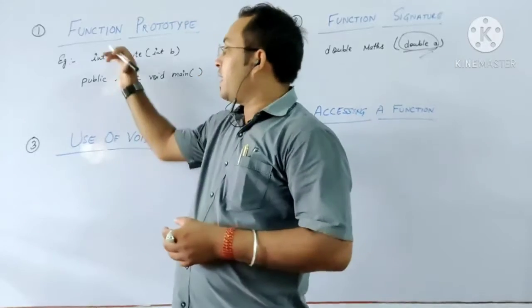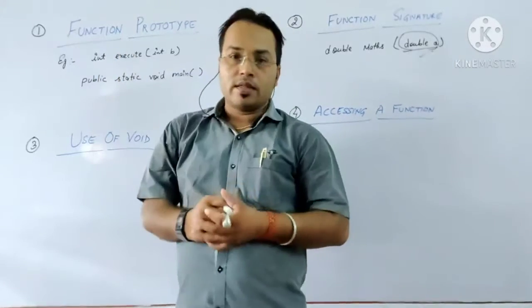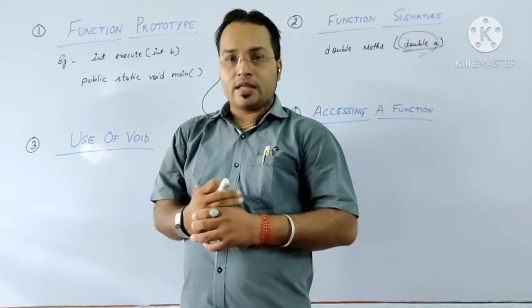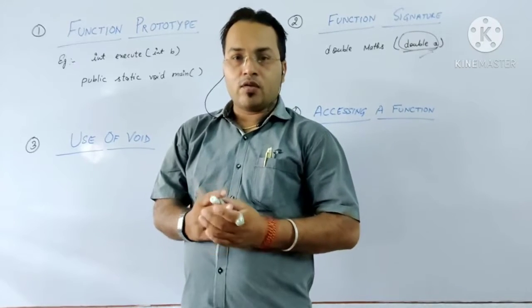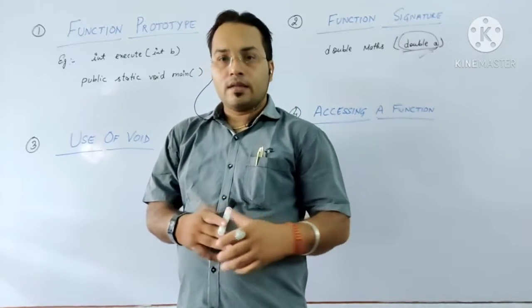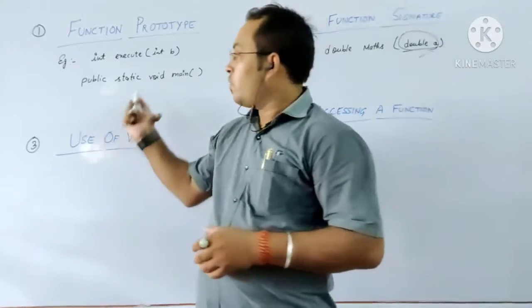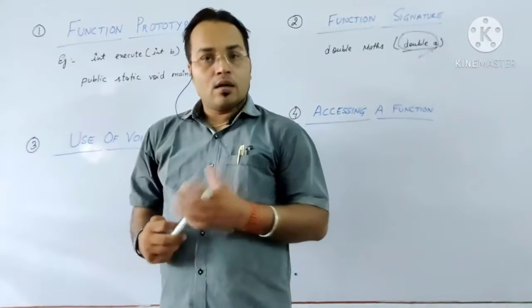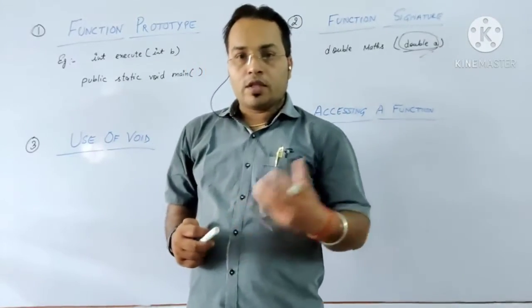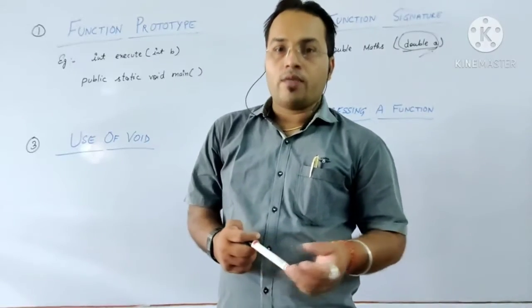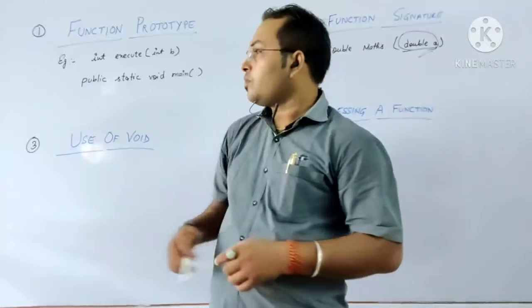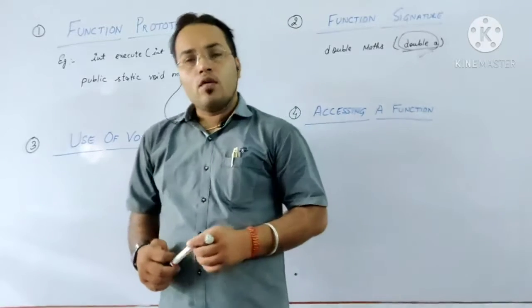That is decided by these return types. If there is int, that means an integer value will be returned. If double, then a fractional value. If void, that means it does not return anything, or we can say it returns 0. So this is the use of void.